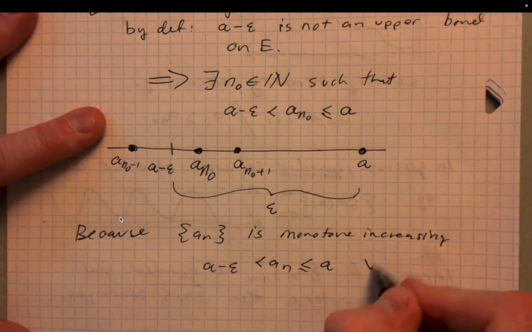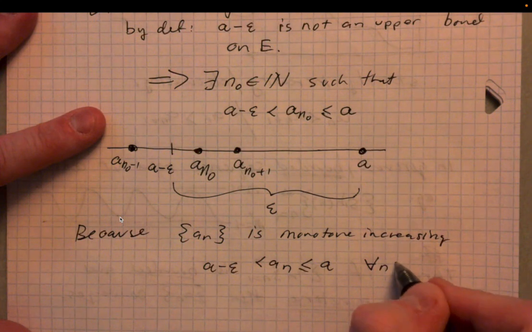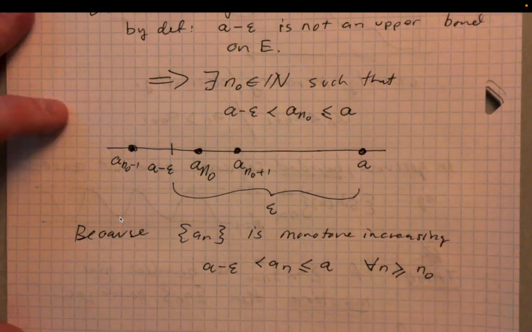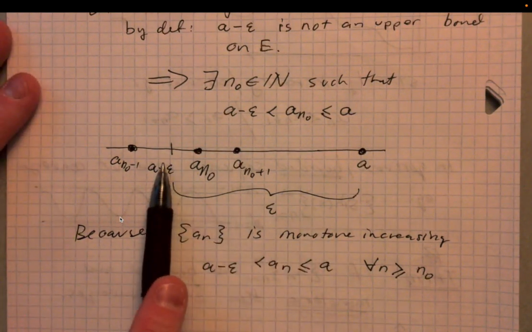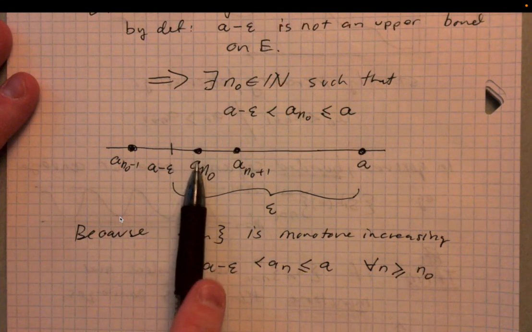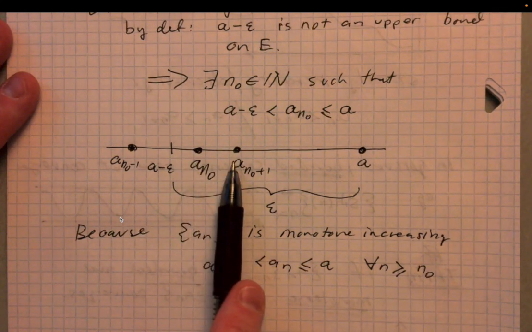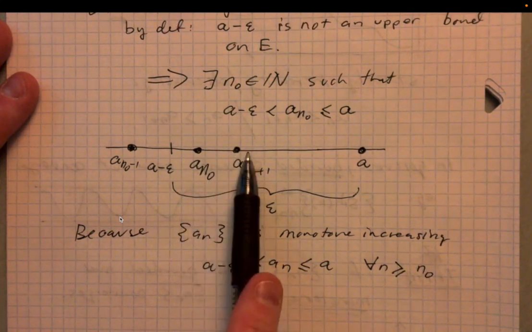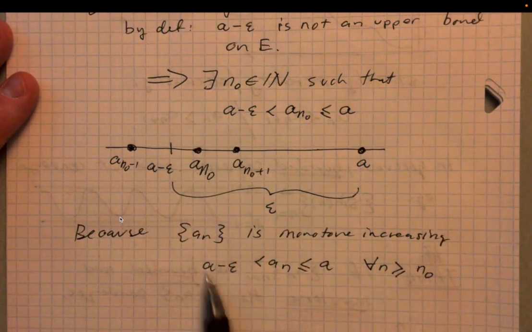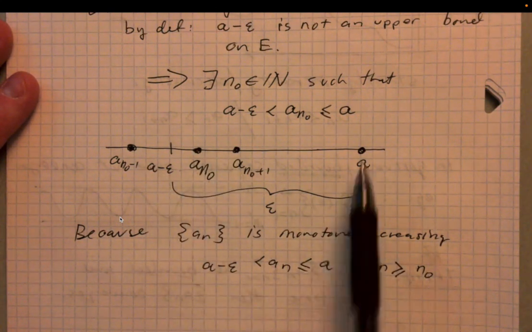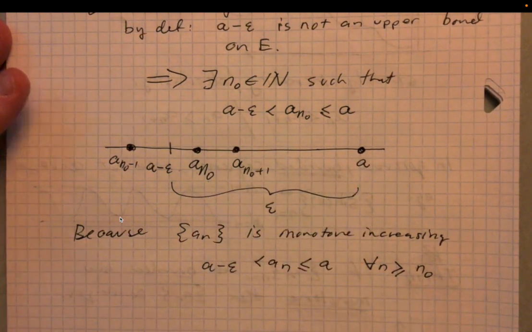And this is going to be true for all n greater than or equal to n naught, right? Think of this drawing right here. Here's n naught. Every term in the sequence that has a larger index than n naught is going to be larger than A minus epsilon and less than or equal to the supremum, right? That's kind of the structure we've constructed, right?